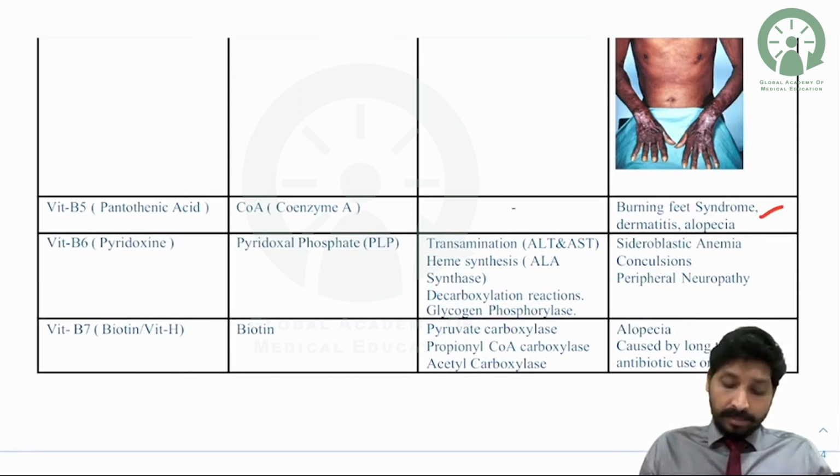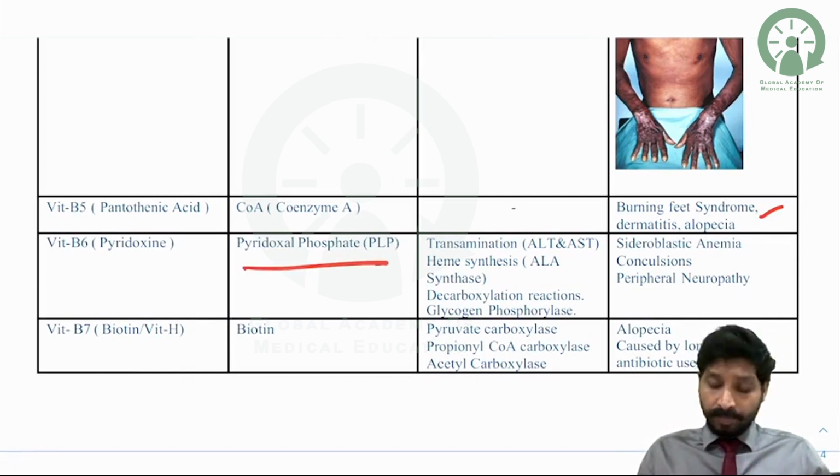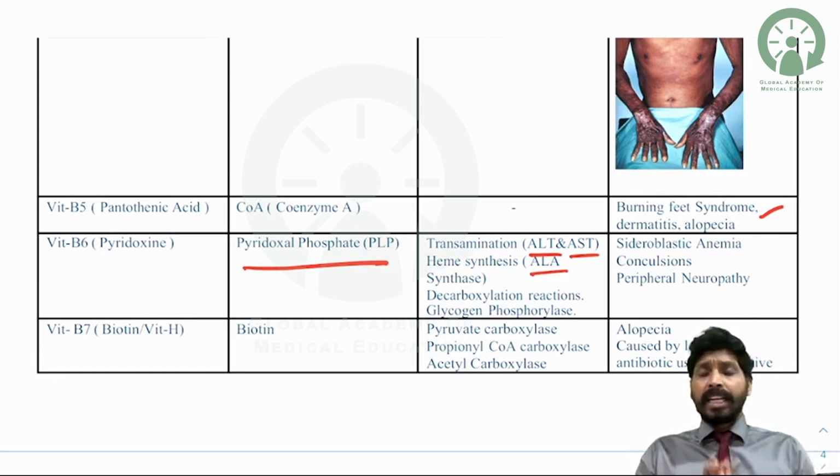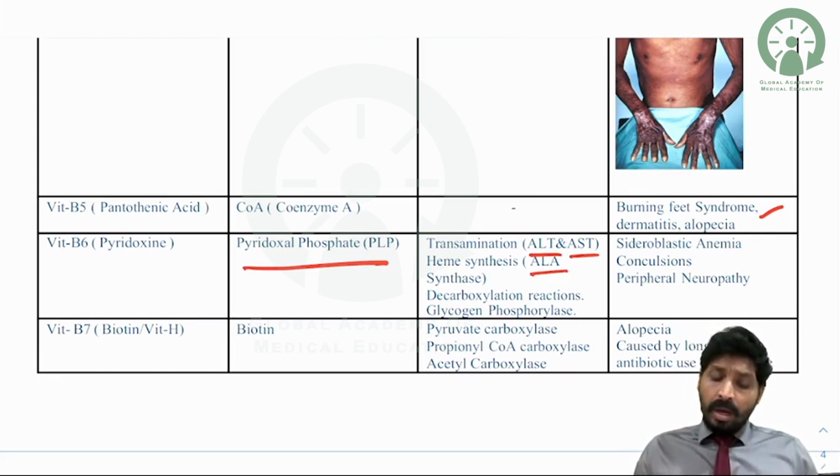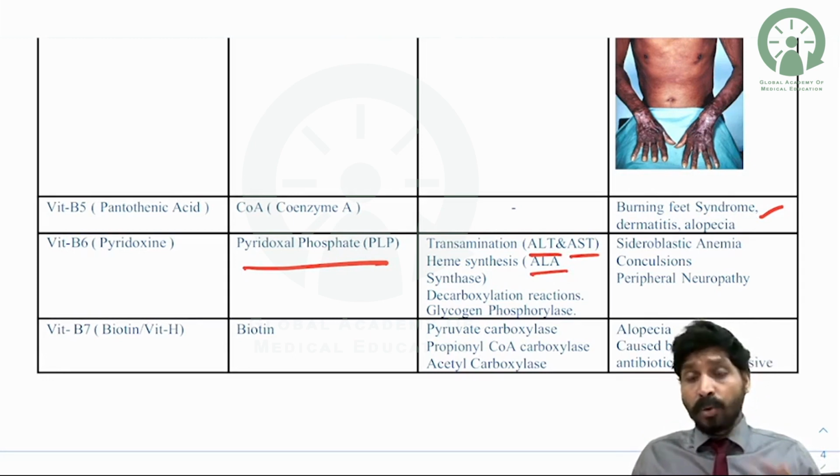Vitamin B6, PLP, pyridoxal phosphate: transamination enzymes like ALT, AST, heme synthesis, ALA synthase, decarboxylation reactions. So that means B6 is mainly required for protein metabolism. ALT and AST, these liver enzymes, are dependent on B6, and transamination reactions mean protein metabolism.